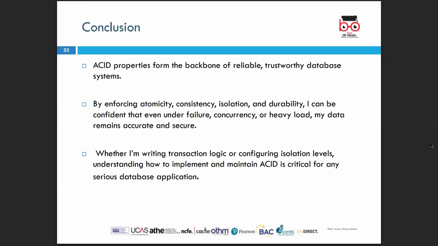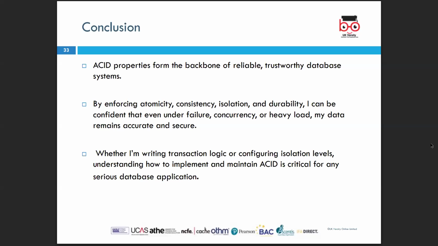To conclude, we know that these properties form the backbone of reliable, trustworthy database systems. By enforcing atomicity, consistency, isolation, and durability, we can now be confident that even under failure, concurrency, or heavy load, our data will remain accurate and secure.